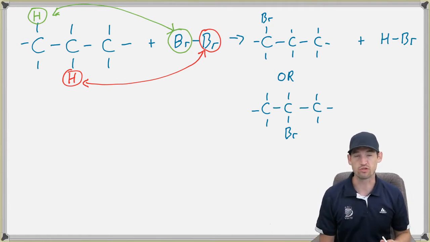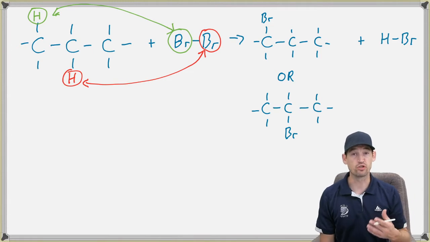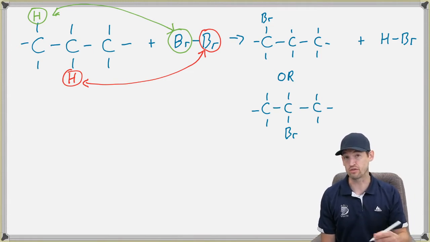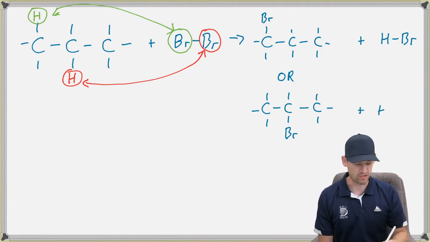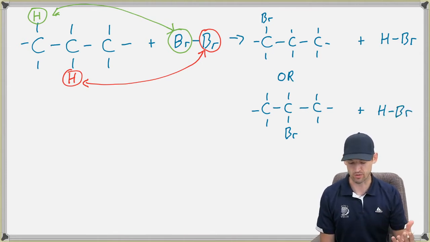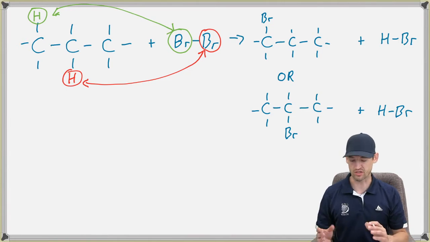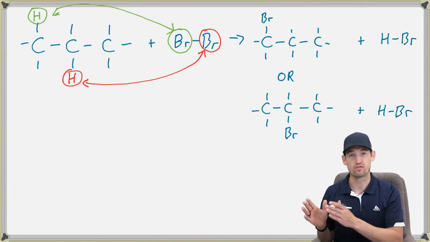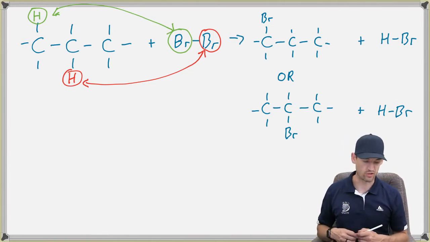But it's beyond what you need to know for Chem 30. You should, though, be aware that you could get either of these two products, and either of them would also come with HBr as a byproduct. So it's just a switching places. It's just one of these or one of those, a switch.